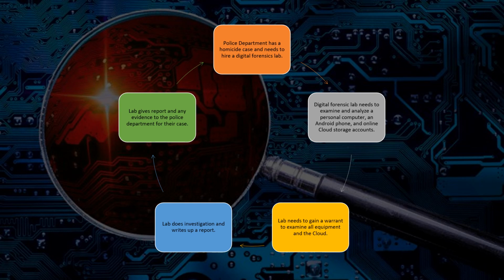The lab needs to gain a warrant to examine all equipment and the cloud. From there, the lab will do the investigation and write up a report, and then we will give that report and any evidence to the police department for their case. And this pretty much sums up how any case will work. It'll be the same cycle.